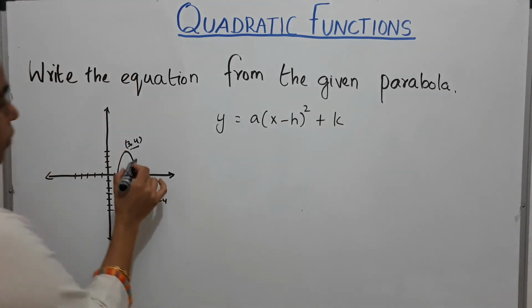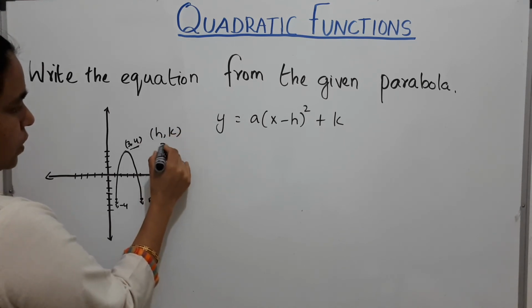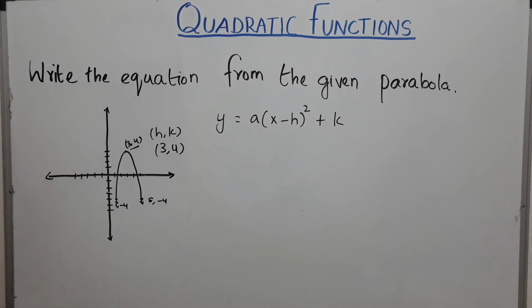So h and k value is 3 and 4. So now you can substitute the value of h and k, and then you can find the value of a. Once we find the value of a, you can rewrite the equation.